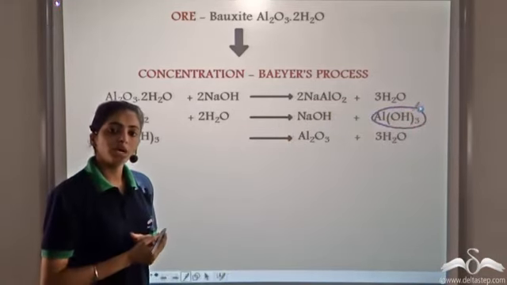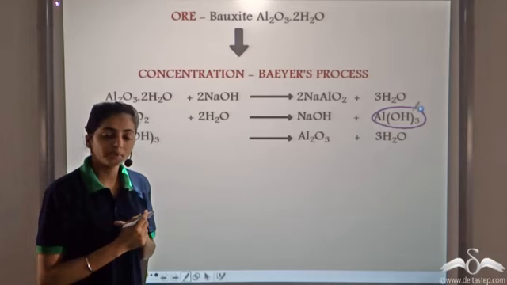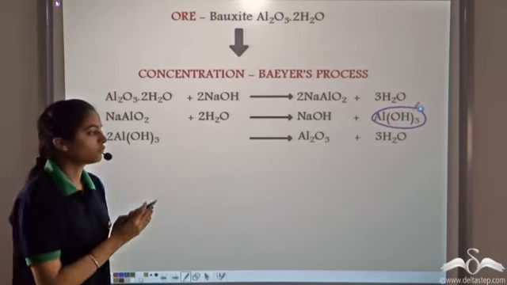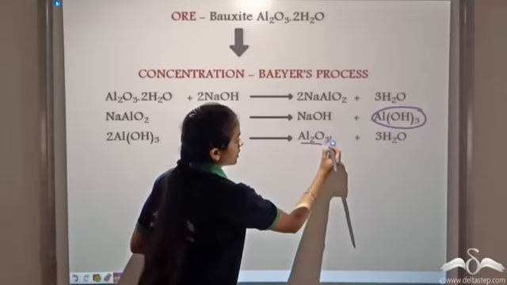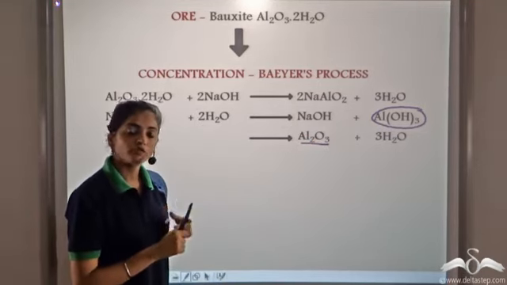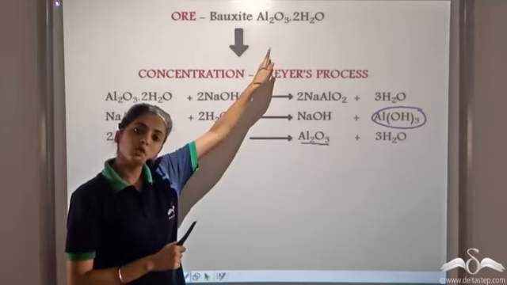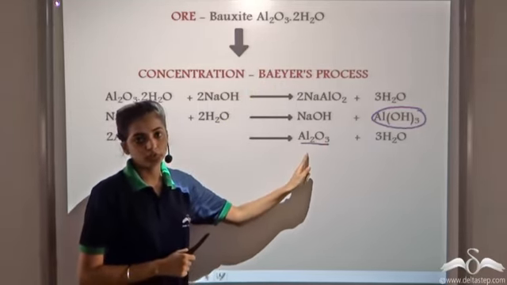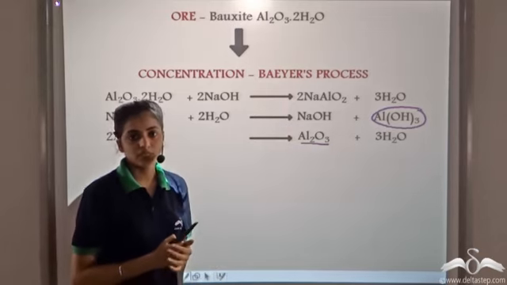And this aluminium hydroxide is a white precipitate which, when heated to 1000 degrees Celsius, forms alumina, which is an oxide of aluminium. So our first aim of getting the oxide from the ore is fulfilled. So we get the oxide ore of aluminium using the Bayer's process.